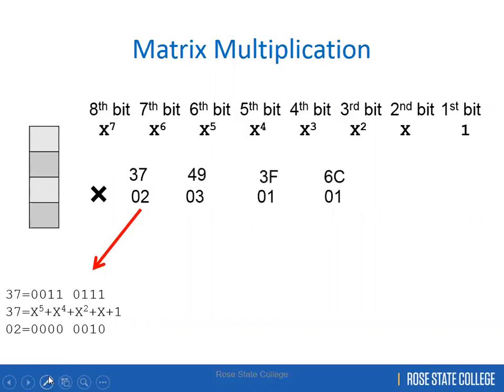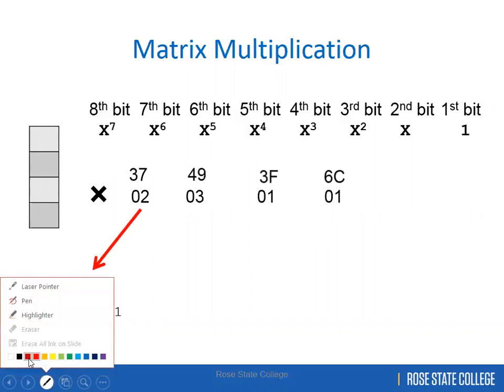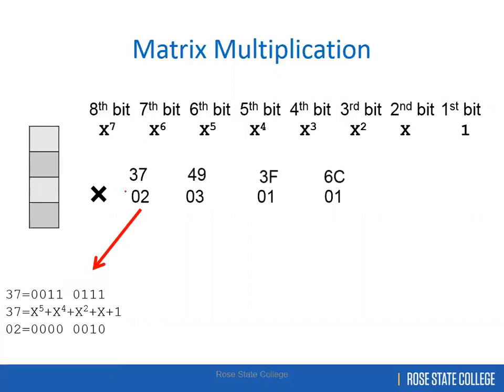We're going to go with x. So we end up with 0, 0, 1, 1, 0, 1, 1, 1. Y'all agree with that? That's 37. So how many x to the 7s do I have? 0.